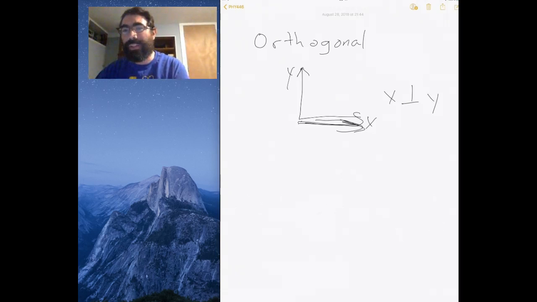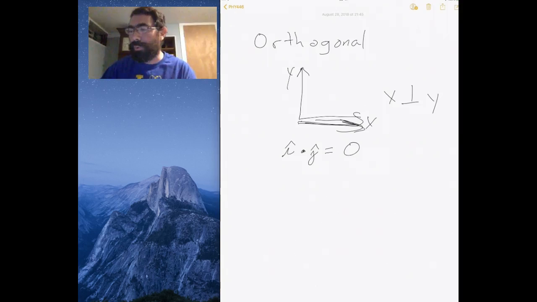So the vector is only in the x direction, and it's orthogonal to the y direction. If we took the i unit vector and dotted it into the j unit vector, we should get 0. So i and j unit vectors are orthogonal to each other.